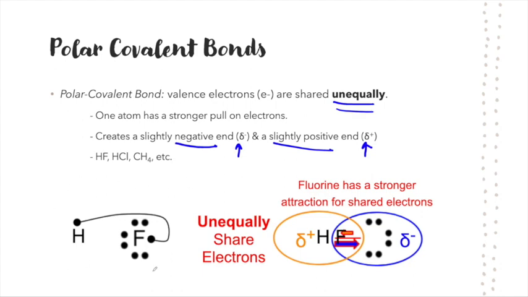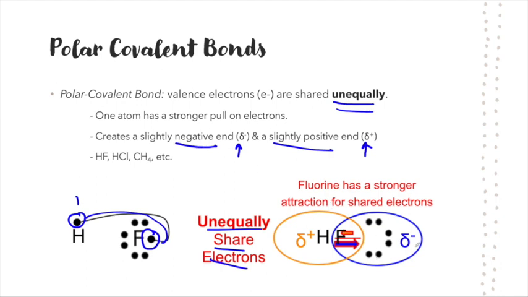And this is a quick visual. You can see HF: the fluorine electrons here, and the hydrogen electron here, are bonding. This shows it's unequally shared, because fluorine has more electrons, and hydrogen only has one. This creates those negative and positive ends.